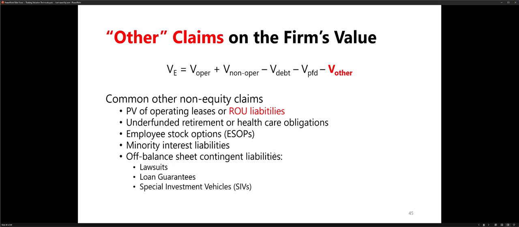A good analyst is defined by their ability to find these other adjustments because they're really hard. One of the harder ones is lawsuits. You have to read the 10-K and make a judgment whether those losses are probable, or sometimes they already incorporate it in the liabilities, but some aren't incorporated, especially if it's not probable.